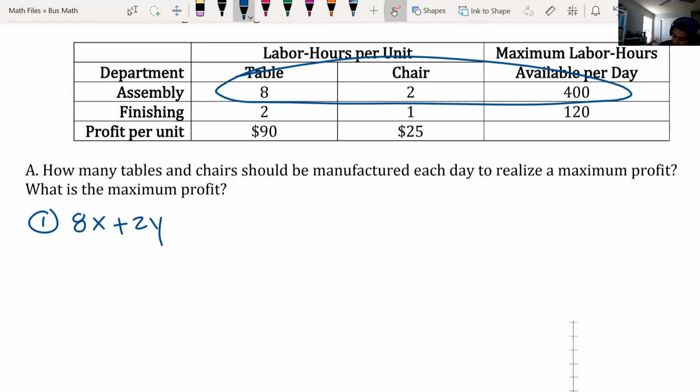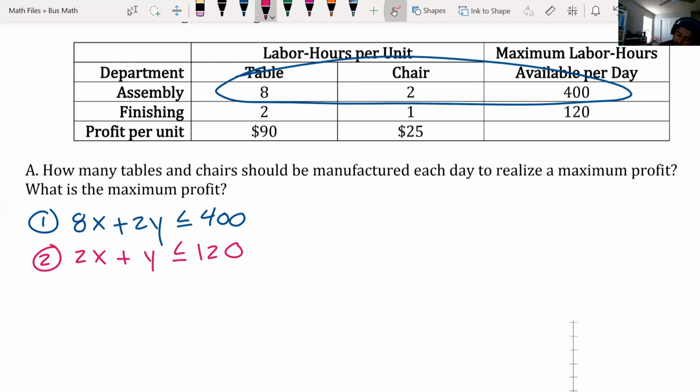So this is going to be less than or equal to 400. Then equation 2 is for finishing. We're going to have 2x plus 1y less than or equal to 120.